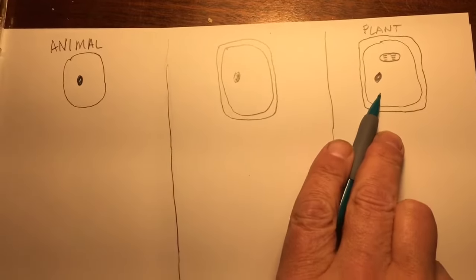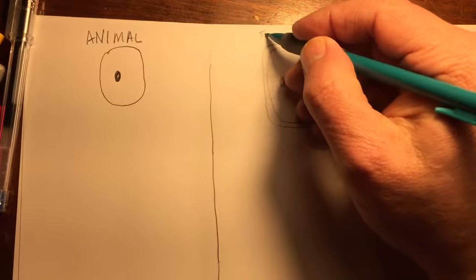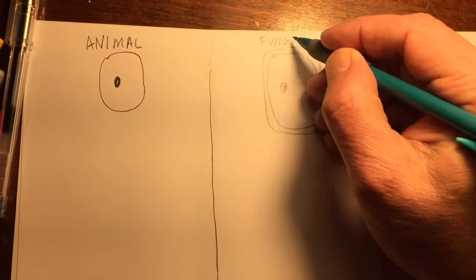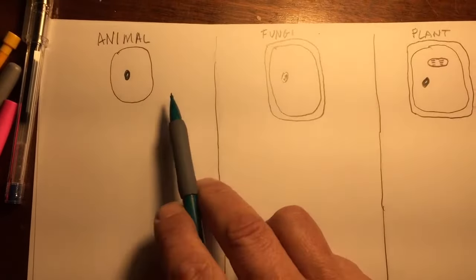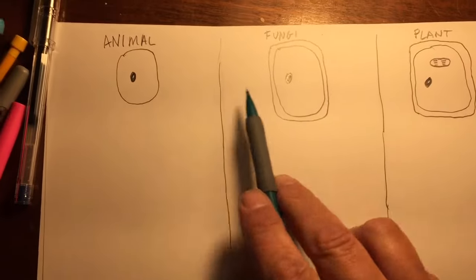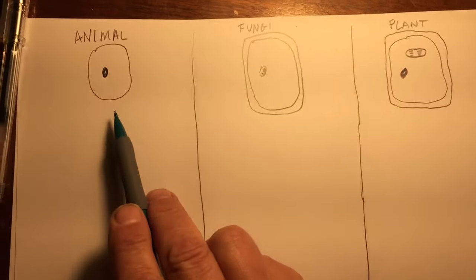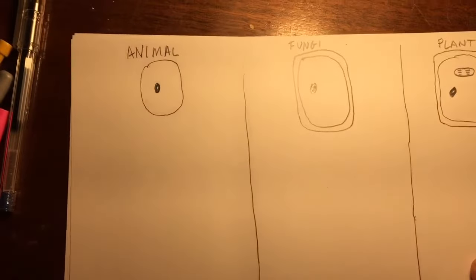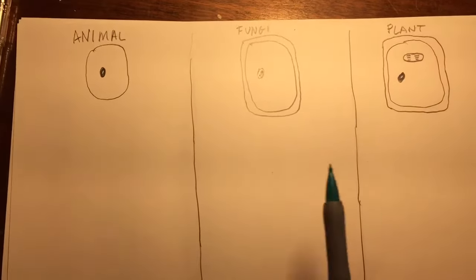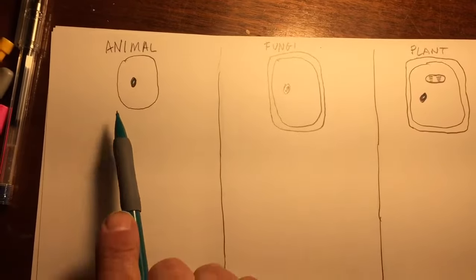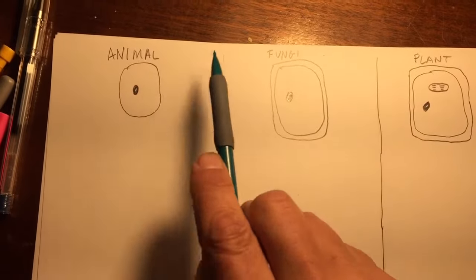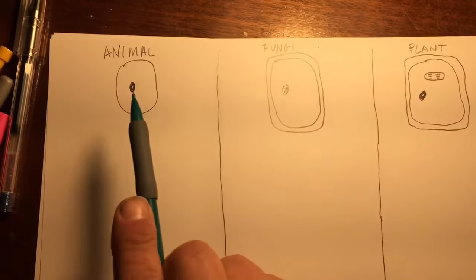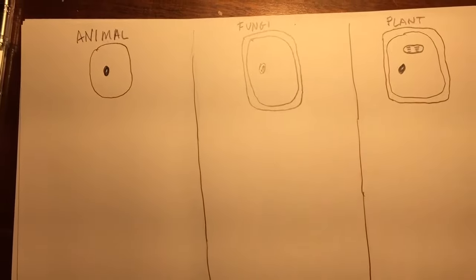It's not a plant cell. It's going to be our fungus. In each case, we could draw multiple ones, but I'm not going to bother with that. There's many of these. So we put multicellular. These are 3 kingdoms, and they're all multicellular.